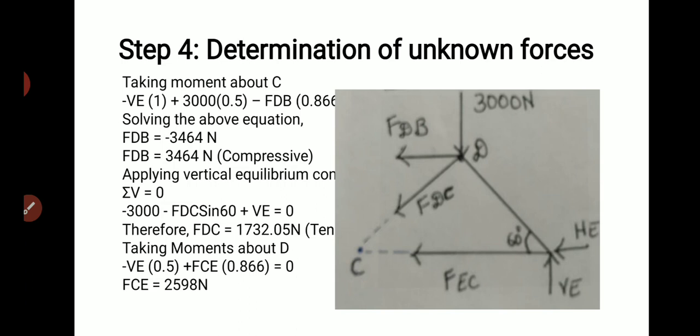So if I take the moment at projected joint C, VE into 1 is a negative moment, so it is anti-clockwise moment, hence it is negative. Then 3500 into 0.5, it is exactly acting at the center, therefore it is half span, so 3500 into 0.5 is in positive direction.